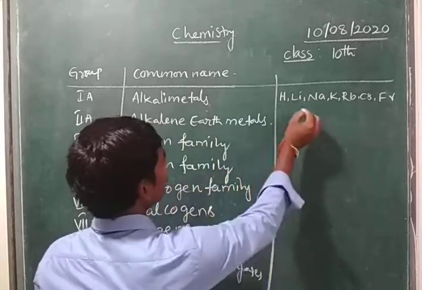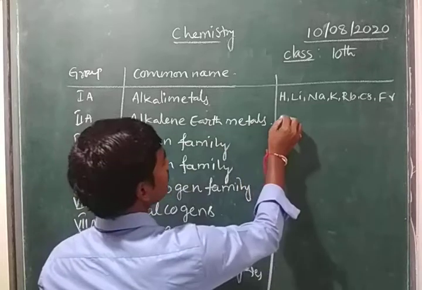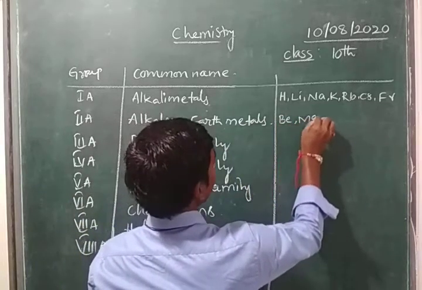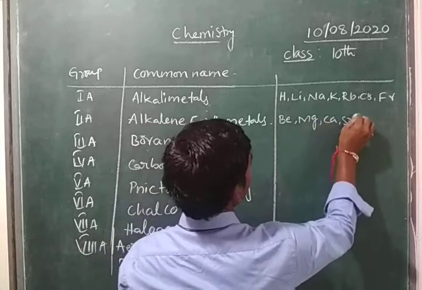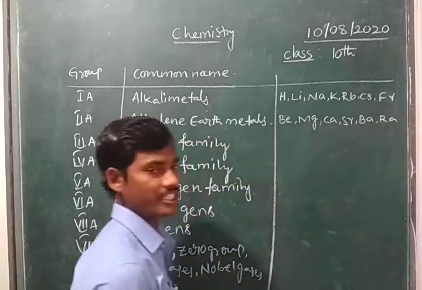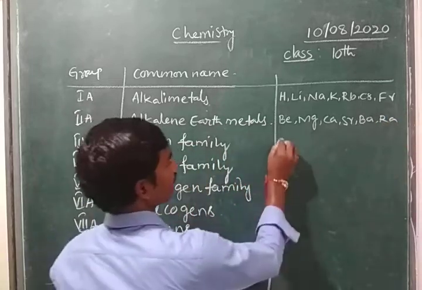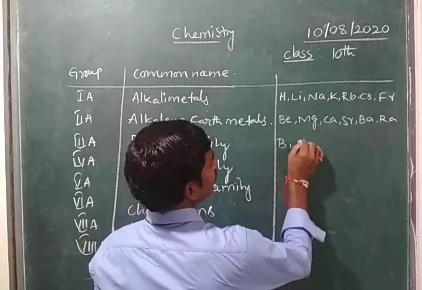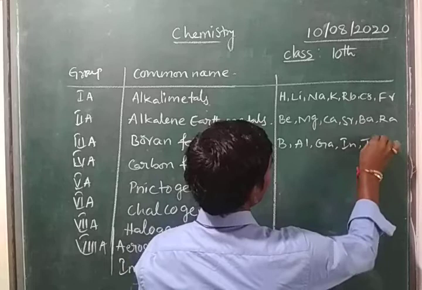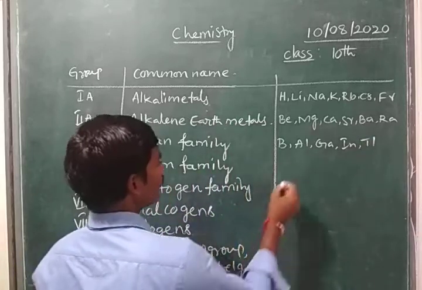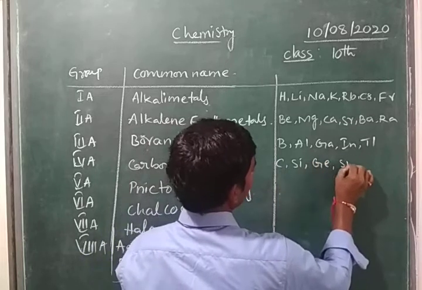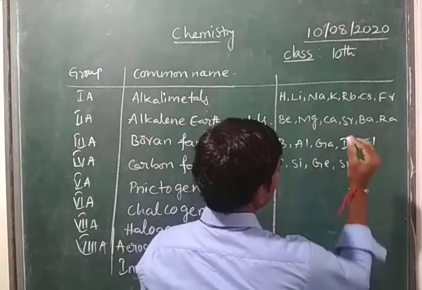Then the alkaline earth metals: beryllium, magnesium, calcium, strontium, barium and radium. Then the boron family: boron, aluminium, gallium, indium, thallium. And the carbon family: carbon, silicon, germanium, tin and lead.